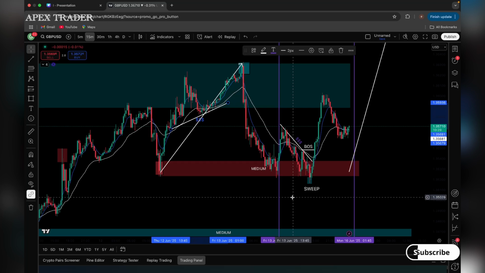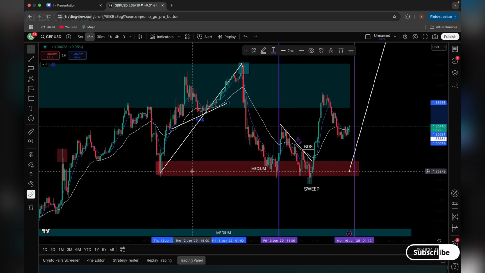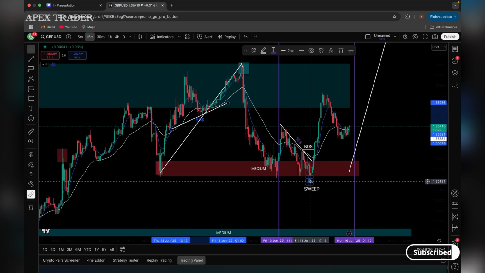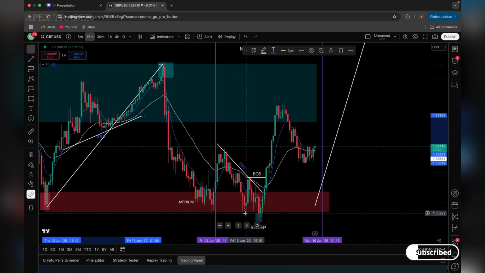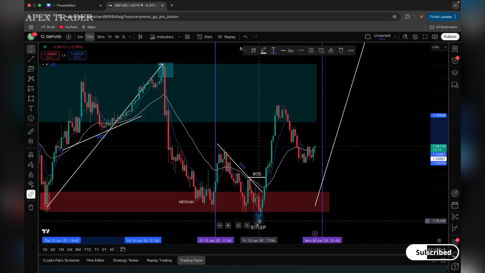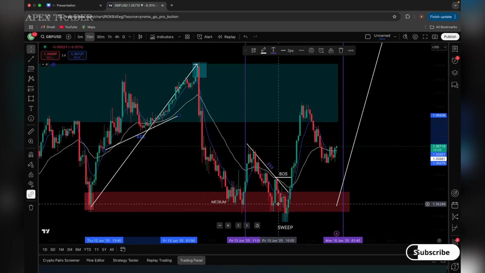When London opened, London swept both liquidity. Then I was interested in the New York window. Actually, this was the London window, London liquidity, London low, and this was the same I showed in that chart. This was the New York session, and it swept the London low.